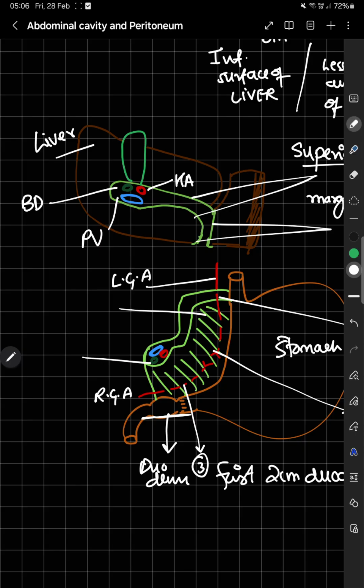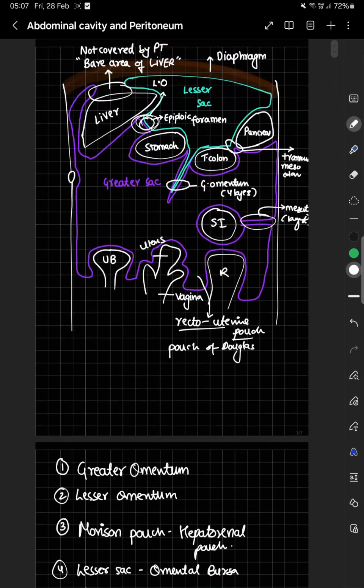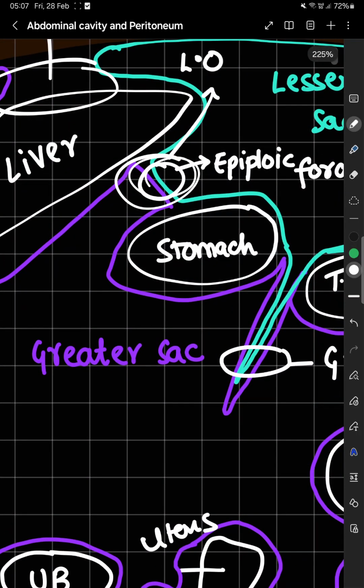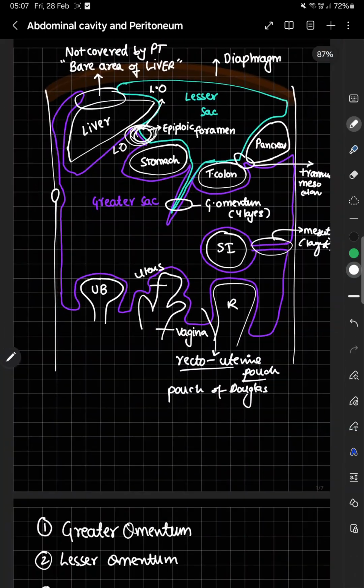These are our 2 ligaments: the hepatogastric ligament, and here we have the hepatoduodenal ligament, because it's associated between the liver, stomach, and duodenum. If we visualize where lesser omentum is in the main diagram, it's between the liver and the stomach's lesser curvature and the liver's inferior surface. So this is where we find our lesser omentum, somewhere over here.